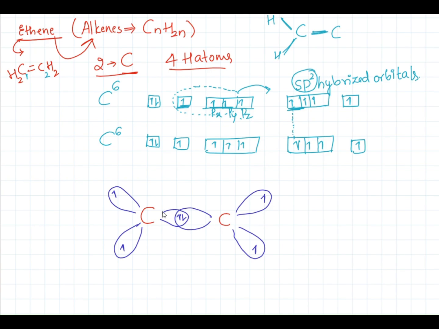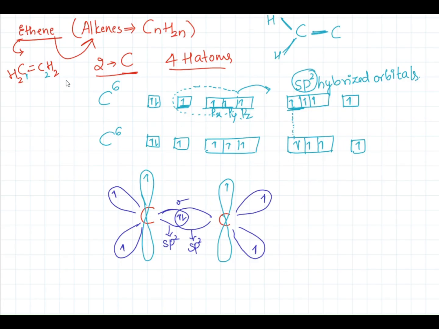Hence, the carbon-carbon bond is a sigma bond. The bond between 2 sp2 hybridized orbitals is a sigma bond. Along with this, each carbon possesses an unhybridized p orbital, and that one also has 1 electron in it, right?